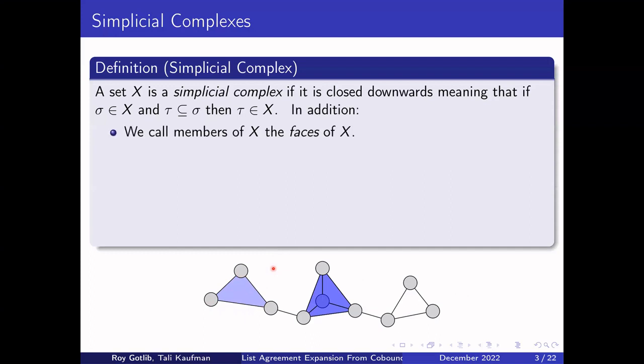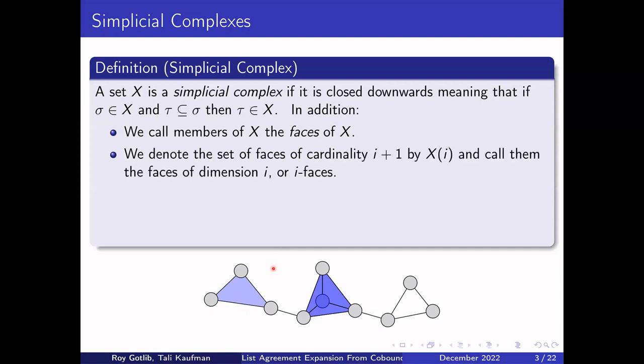We call all of these structures the faces of the simplicial complex, and we think of them as having a dimension. Specifically, the dimension of a face would be its cardinality minus 1, meaning that a pyramid would be a 3-dimensional face, a triangle a 2-dimensional face, an edge a 1-dimensional face, and so on.